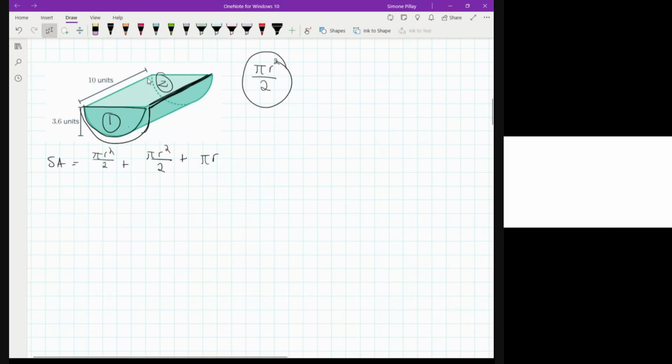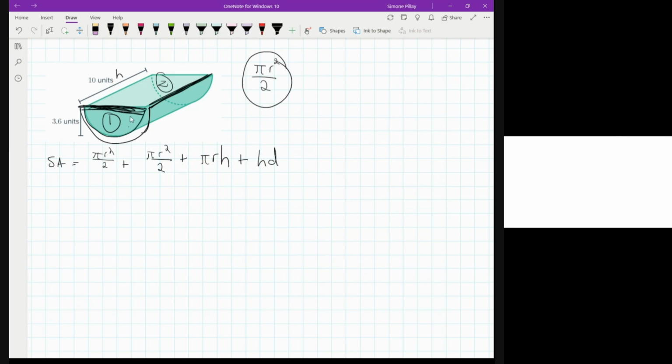I'm just going to say this is my height. So this is called my height since I'm using all variables in this first step. And then what we have to do is now add my braai cover. We're adding our braai cover into our surface area, and what that would be is that height, that h that I've just labeled, multiplied by the diameter of the circle. Do you guys see that this is the diameter of the circle?